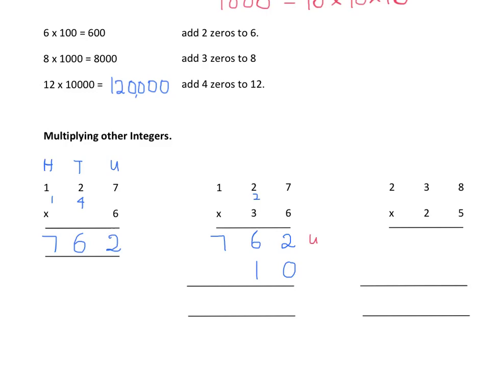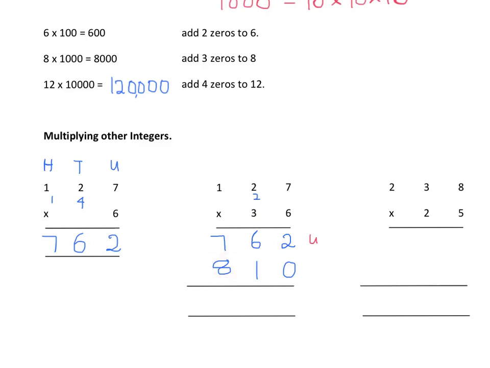Now we say 3 times 2 is 6, plus 2 is 8. So that goes into the hundreds column. And that's because we were multiplying tens by tens, which are going to give us hundreds.